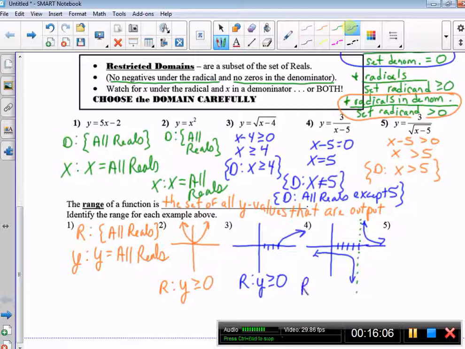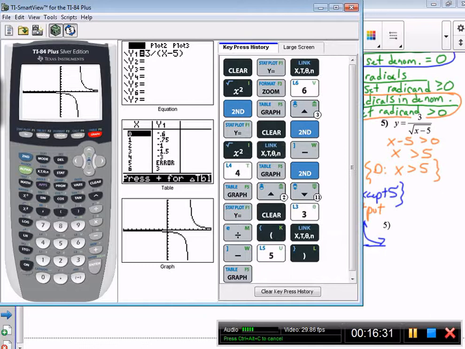So this one we say that the range is y does not equal 0. If x were 5, then that denominator would be 0 and y would be 0, but y can't be 0 because x can't be 5. That's a little bit more complicated. We'll do some more.